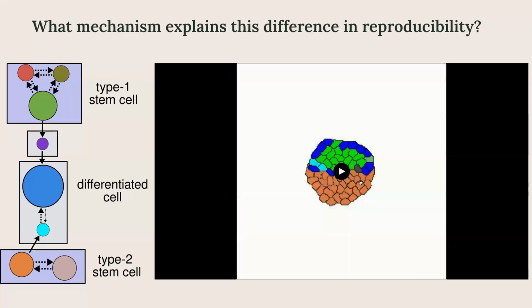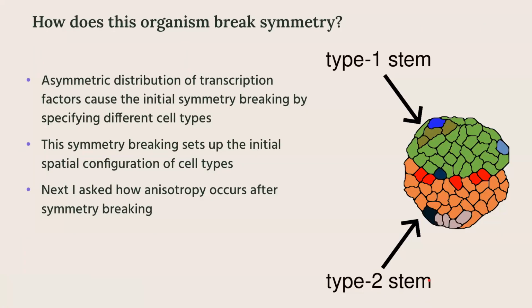So those are the three cell types of this organism. So the first thing I did was ask how this organism breaks symmetry, and it breaks symmetry at the beginning of development by an asymmetric distribution of transcription factors, which specifies the type 1 and type 2 stem cells. So that's the initial configuration of cell types.